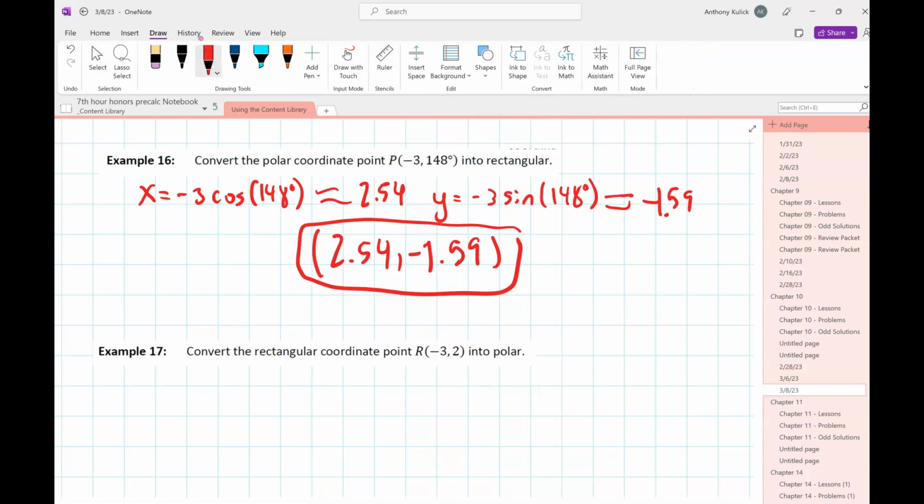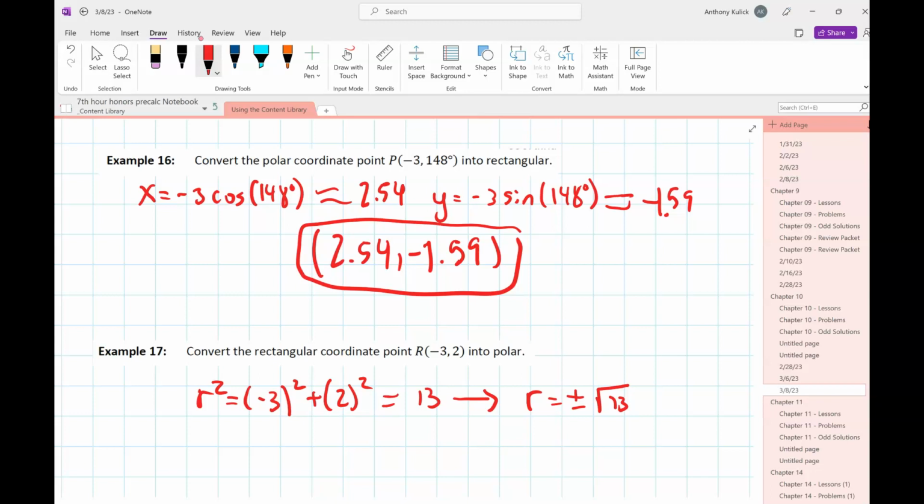So here we're going to convert a rectangular coordinate into a polar. So I get just the Pythagorean theorem. So r is going to be plus or minus the square root of 13. Which one do you suppose I want to use?